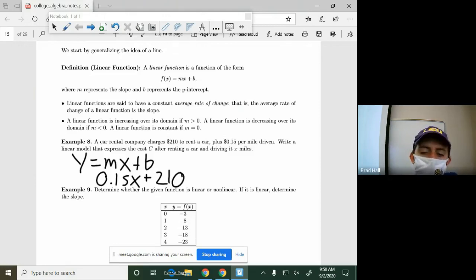The problem also wants us to put it in this fancy notation. It says use C for cost, because this is an application problem, and we're going to do that C of x stuff. It's a multiple choice problem, I'm pretty sure, so you will notice fairly quickly which one is which. But that's all you have to do for this problem. Just set up a linear model.